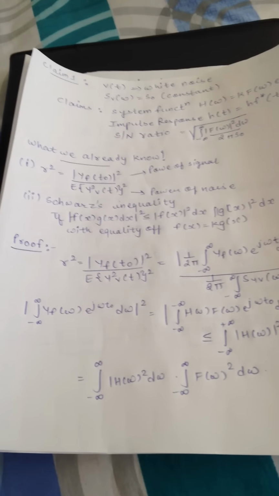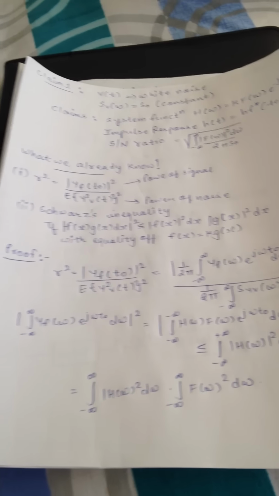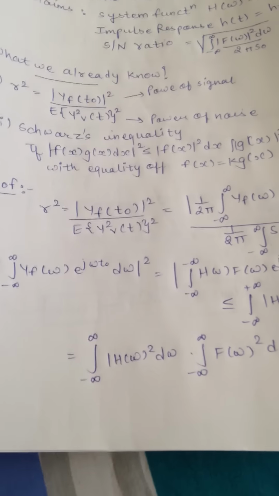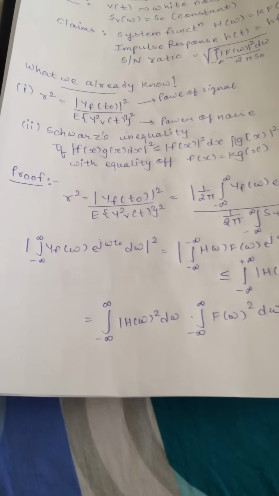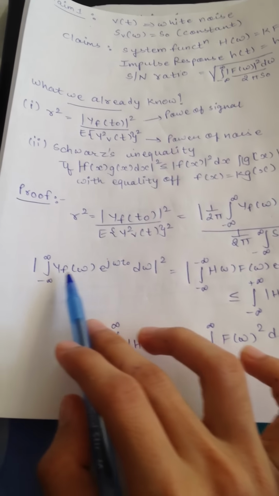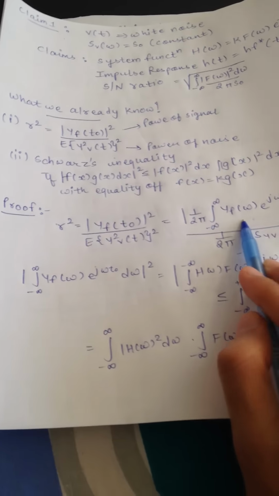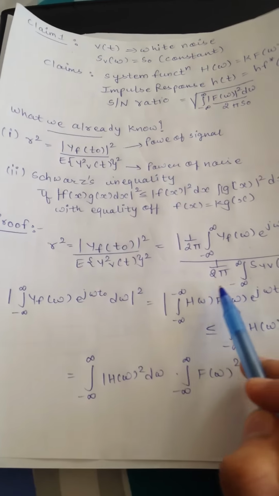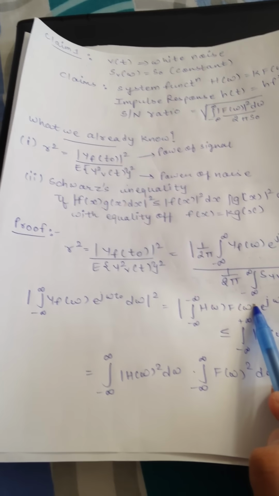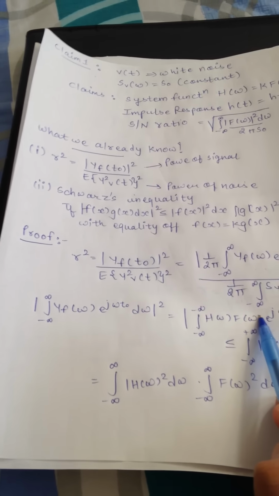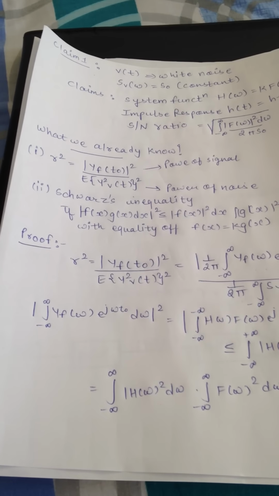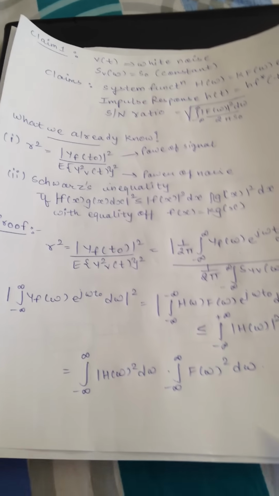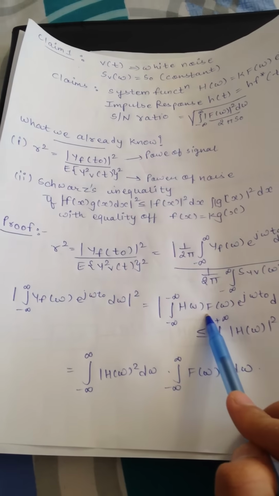Now, according to the Schwarz inequality, let's move on to the numerator and explain how it can be reduced. We know that Y_f(w) is nothing but H(w) into F(w) from our transfer function, as Y(w) is equal to the multiplication of H(w) and F(w). So we have put that equation into this.